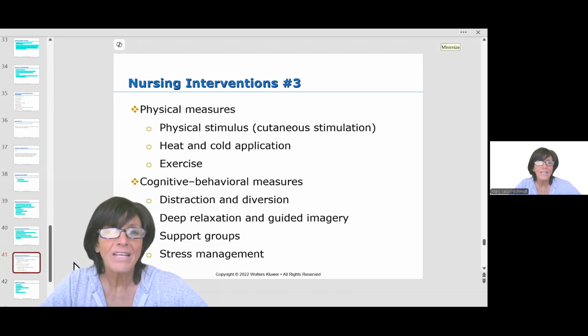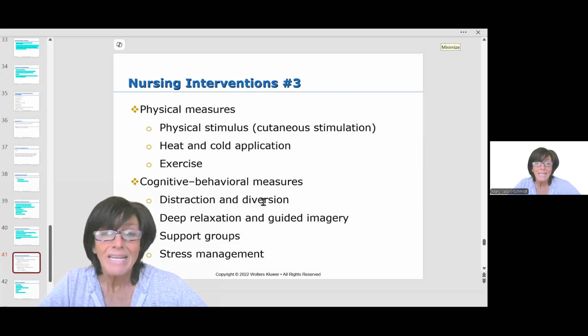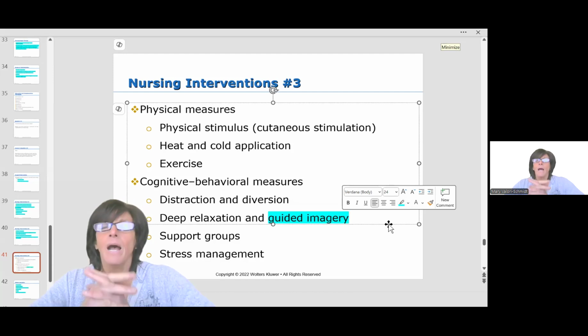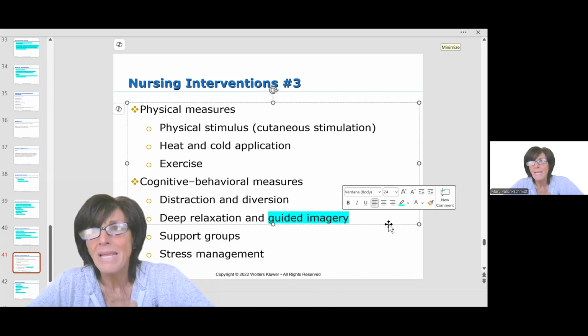And we already talked about physical measures, like a heat pack, or ice if it's a fresh sprain. And then distraction, diversion. Guided imagery is telling the patient to close their eyes. And this you need to know, just this one thing. Close your eyes and imagine you're somewhere that's the best place you would ever want to be. For me, I love the beach.